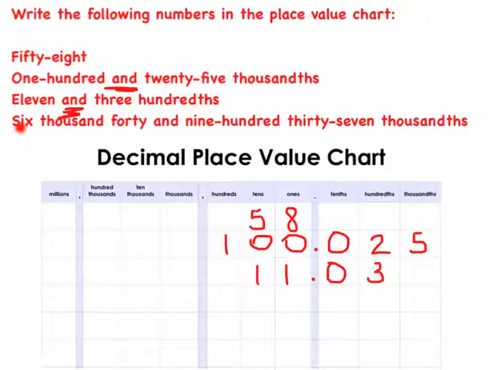And my next one says 6,040. And, there's that word, and. So that's my decimal. So let's go back. 6,040. I need a 6 in the thousands place, 6,000, and then I need 40.